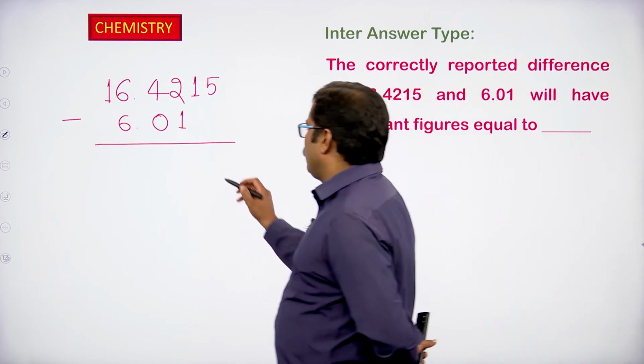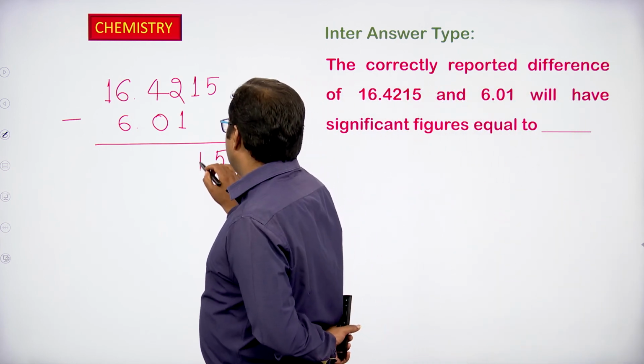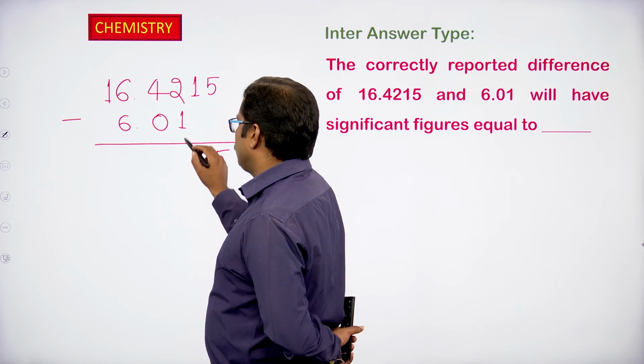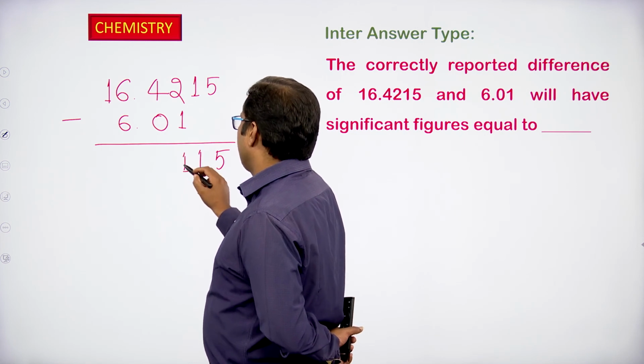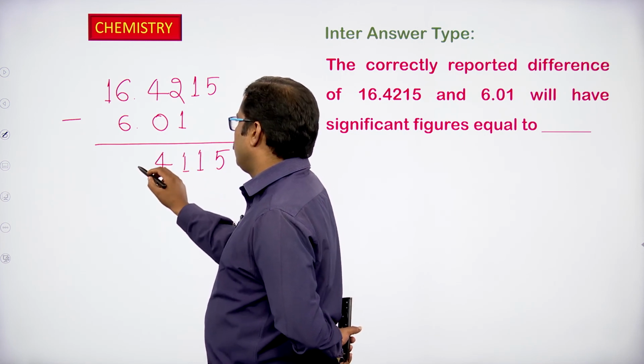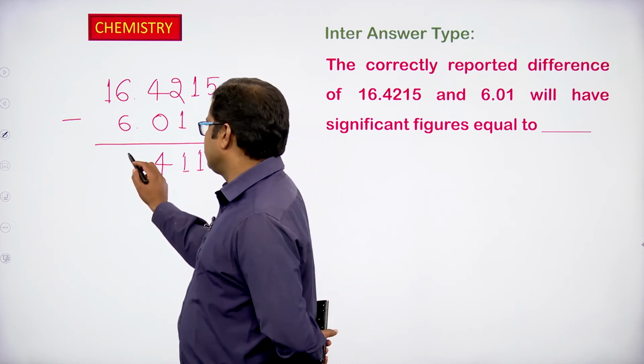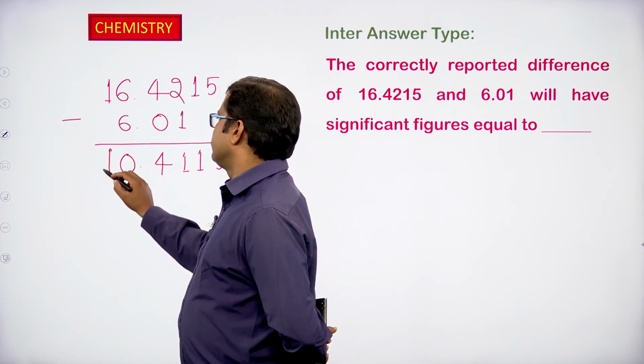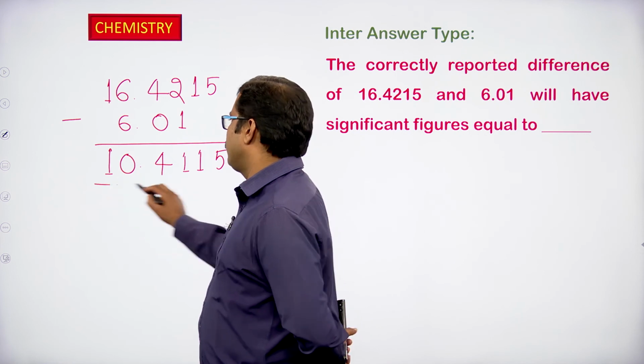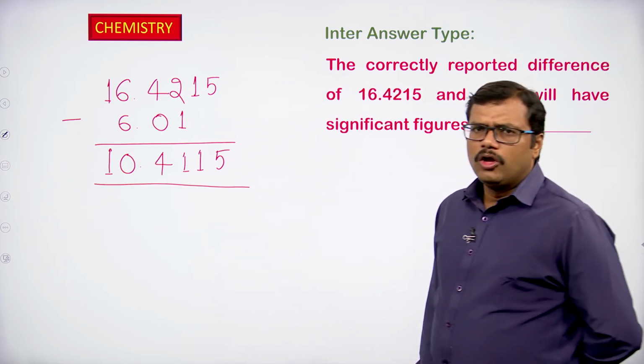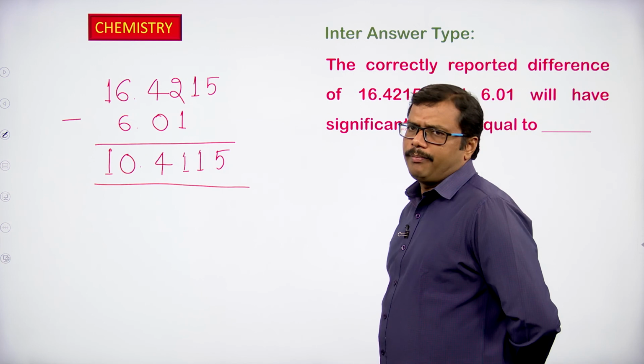So, what will be the value? 5 as it is, 1 as it is, 2 minus 1 will be 1, 4 minus 0 will be 4, dot, 6 minus 6 is 0, 1 minus 0 is 1. So, the value that we are getting is 10.4115.